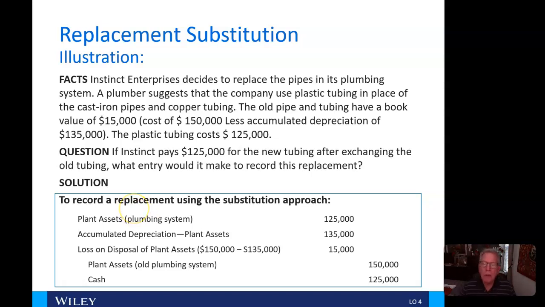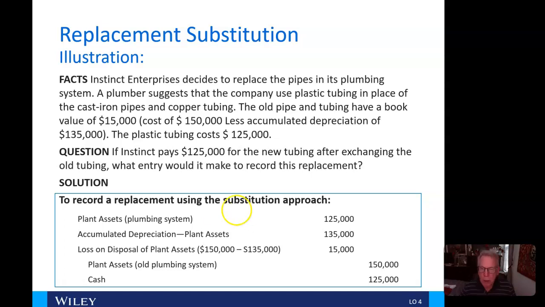The cost is $150,000 less accumulated depreciation of $135,000. The plastic tubing costs $125,000.